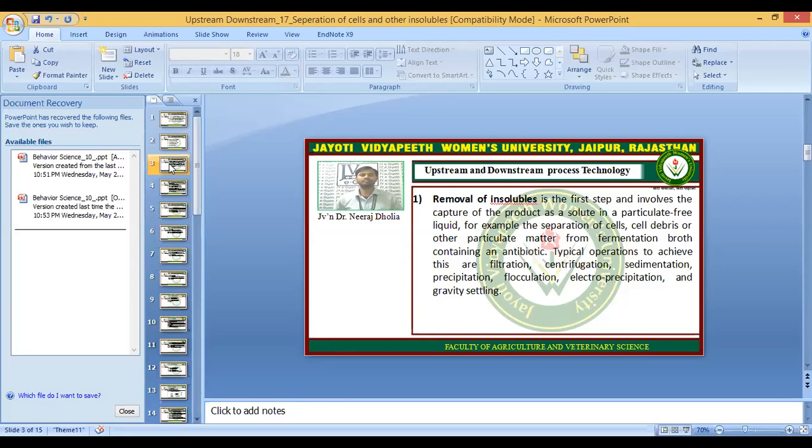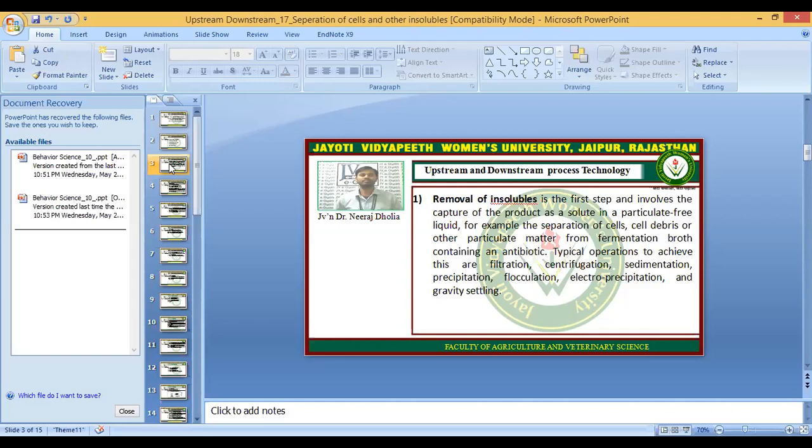The heavier particles settle down, and you can isolate the solution or solvent part from the upper side. Then you can use the sedimentation, because cell debris or cell have some density, and they come into the bottom side after a few time.